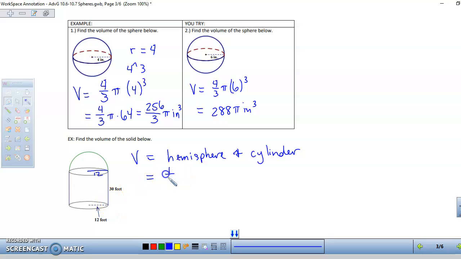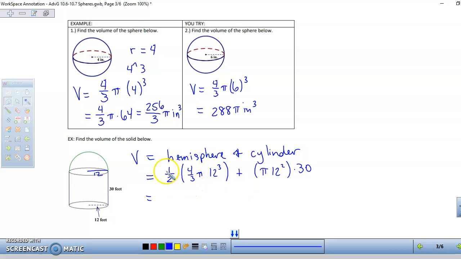For the hemisphere, that is going to be 1/2 of 4/3 pi r cubed. And then the cylinder, like usual, you do base area times the perpendicular height. That's just filling out all the formula information.